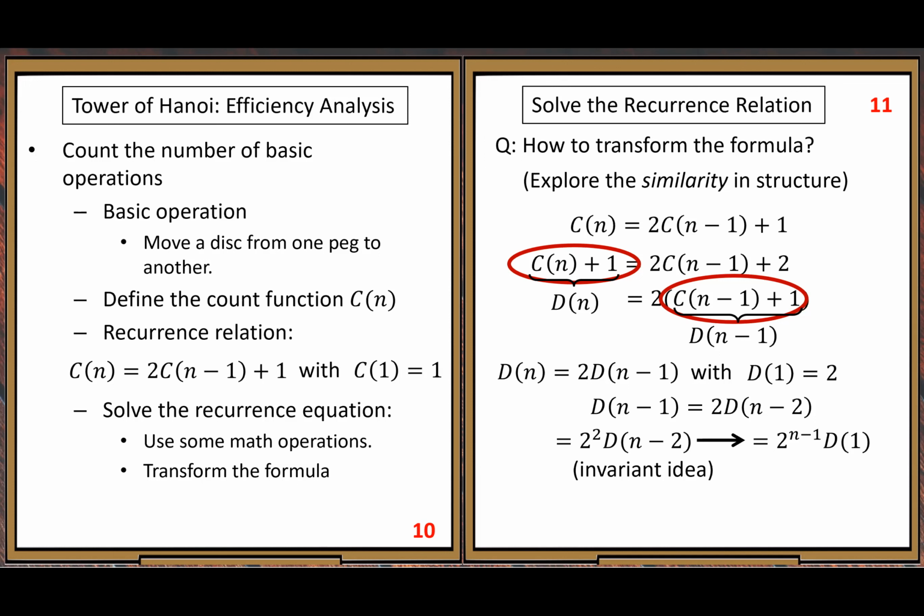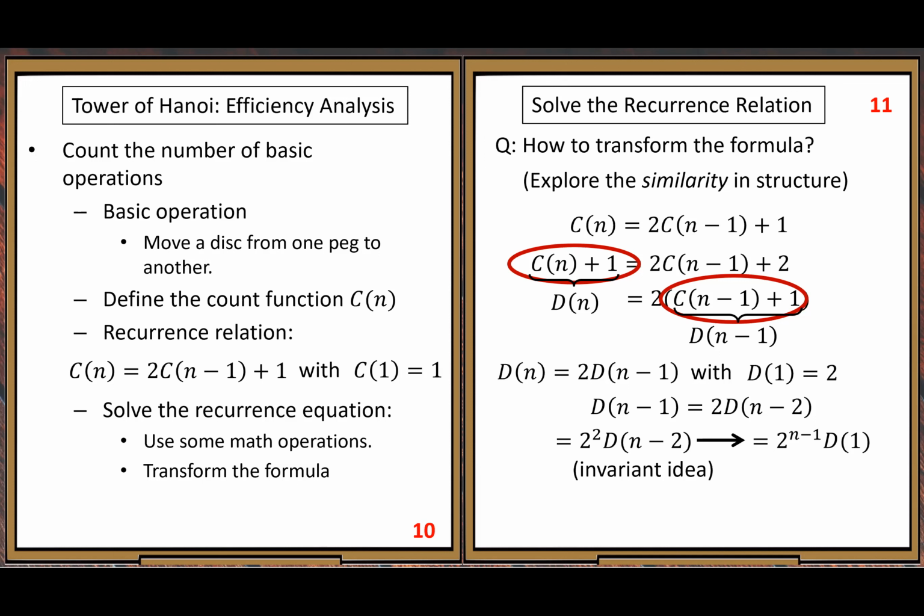For the first one, 2 to the first plus n minus 1 also equals n. Those two numbers added together are the invariant; it never changes. When you do the work in the middle, the exponent and the number inside the parenthesis always add up to n. That's the invariant.